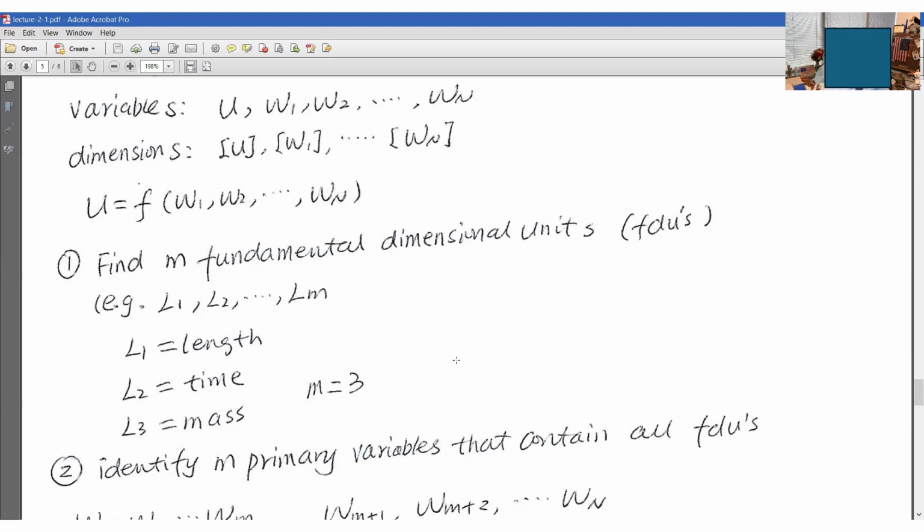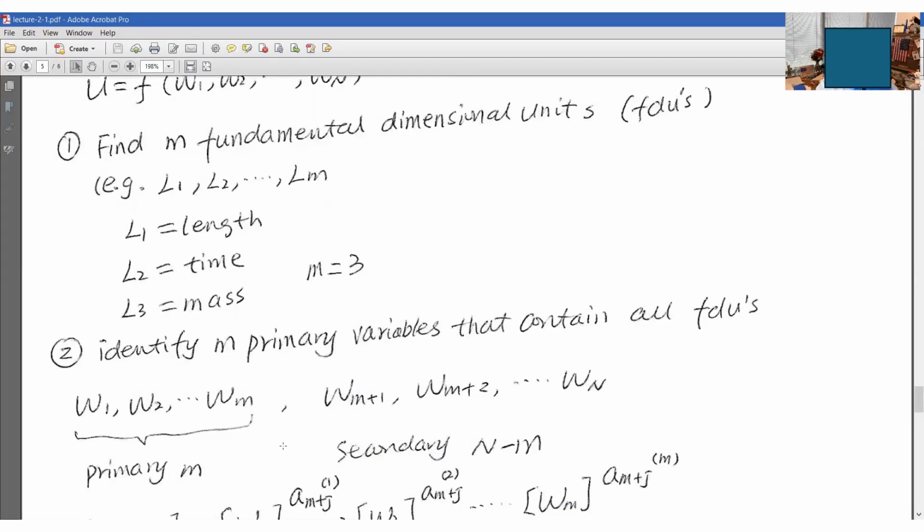Mass is another independent dimensional unit, right? So these are three. Then we identify m primary variables that contain all the FDUs. So for our case, we have length, time, mass, right?